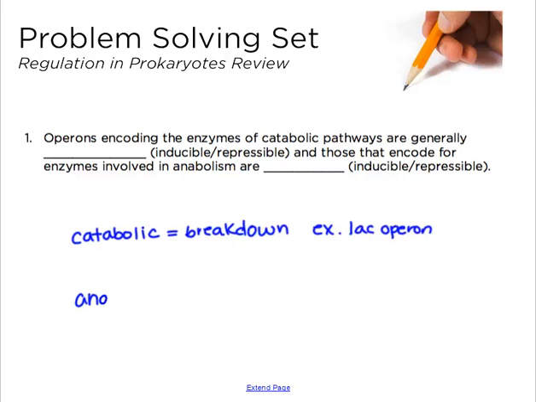And anabolic is concerned with biosynthesis. For example, tryptophan, which synthesizes the amino acid tryptophan.